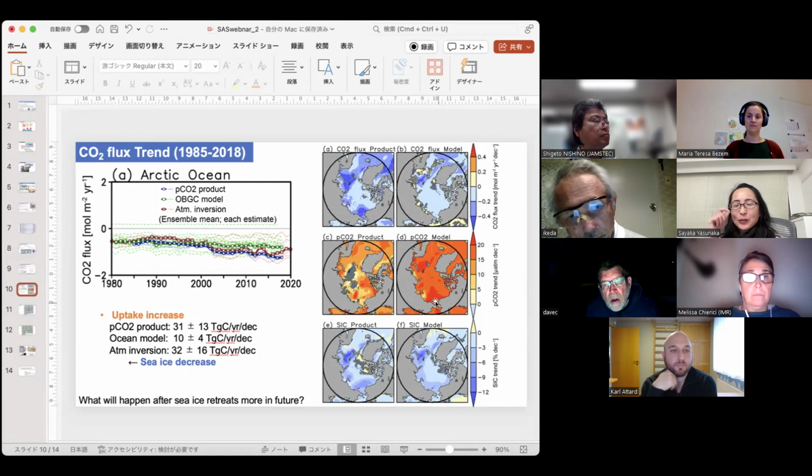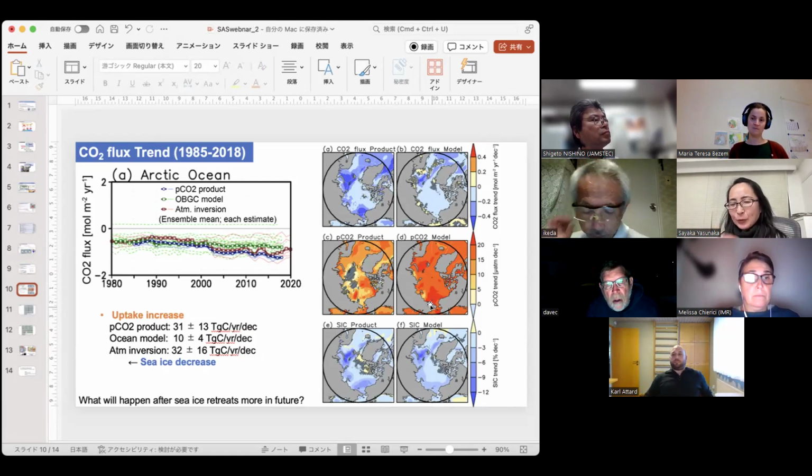If the biological effect is important, the PCO2 increase trend would be smaller than in the other areas.